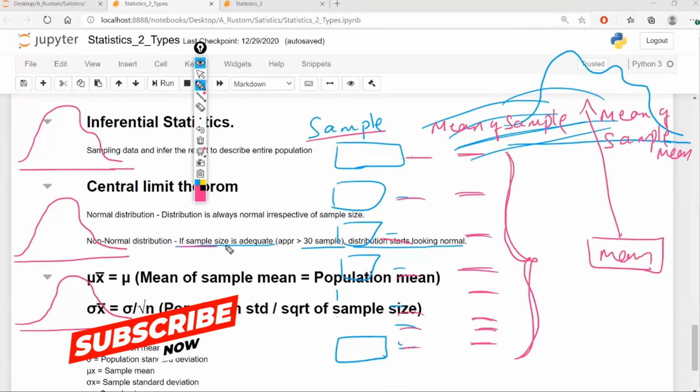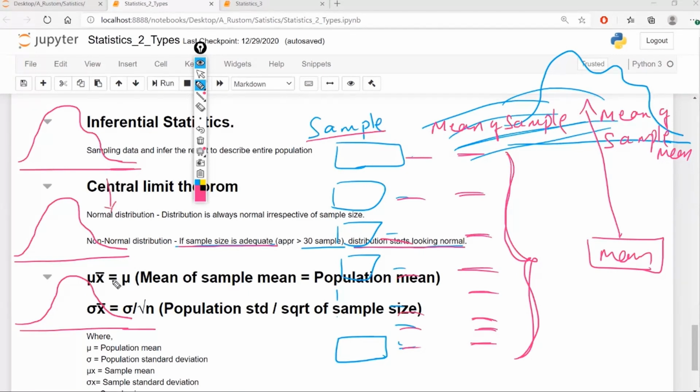So that is what I'm trying to say: if the sample size is adequate, the distribution starts looking normal. So it means that if my sample size is adequate, then I can assume that the distribution of the data is normal. So that is the thought here.